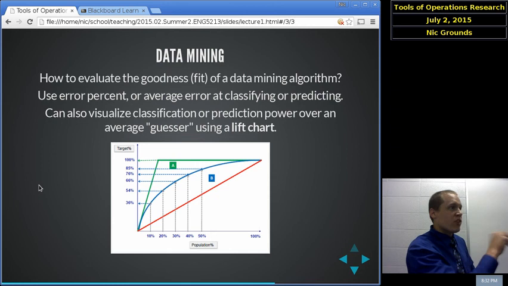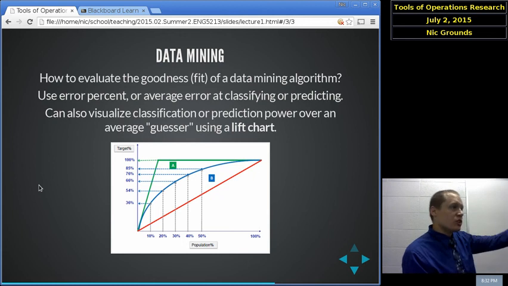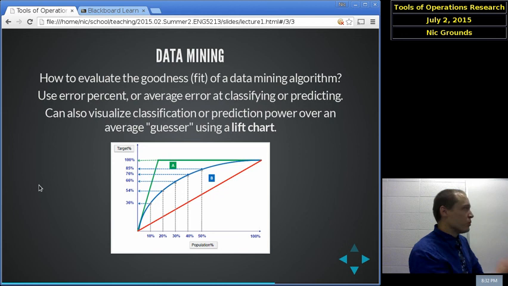That is, it guessed somebody graduated when they didn't, or they didn't graduate when they did. So it doesn't move in a straight line, it's more curved or jaggedy, is what you'll see. And again, the red line is just if I guessed, on average, sometimes I'd get it right, sometimes I'd get it wrong. On average, I just go up at a very gentle slope compared to the blue or green lines.